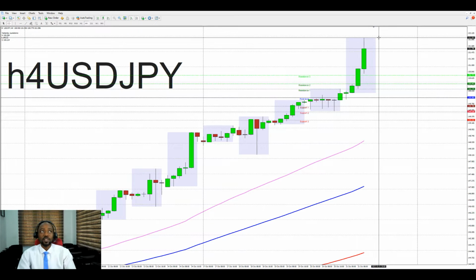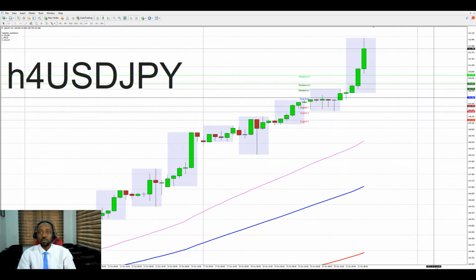They want their currency to be cheaper since they are an exporting country. Let's see what happens. We are looking at the 150 and the 149.5 levels. If price breaks below here, we may see price going down further.